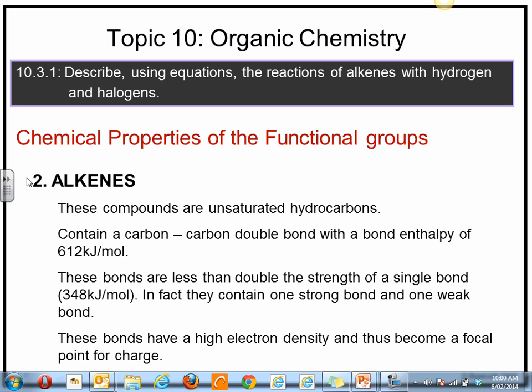So this is the name of a substance that searches for electrons, that is attracted to electrons. So this could be things that are electronegative, so chemicals that have very high electronegativity, or in fact it could be things that are positively charged. And they can attack that double bond.